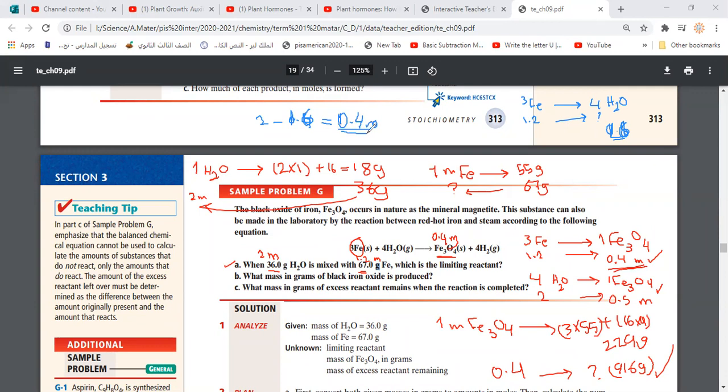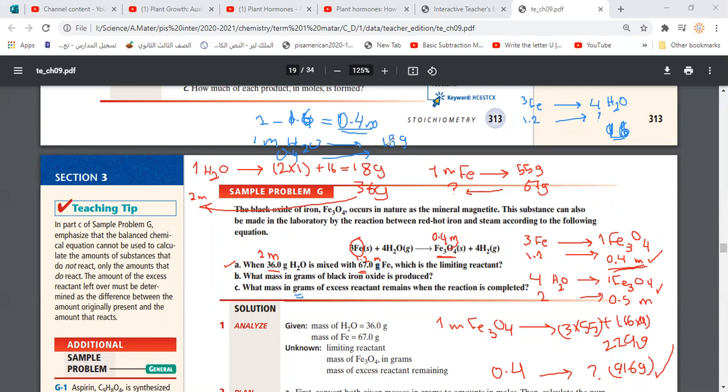Yes or no? But he asked about the amount in grams, not in moles. So I must convert these moles into grams. So 1 mole of water, H2O, we already calculated, equals 18 gram. So 0.4 equals how much? 0.4 multiply 18. 7.2.